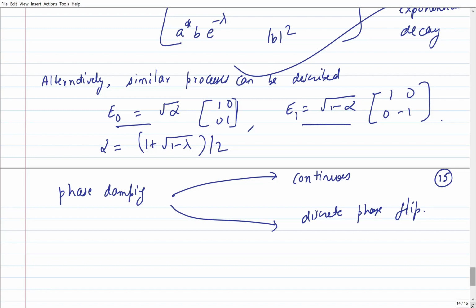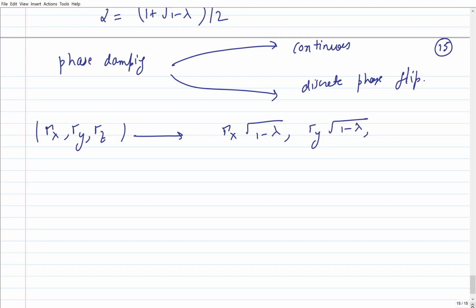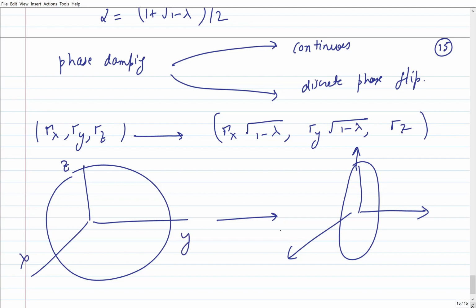And as far as the effect on the Bloch sphere is concerned, it's exactly the same. What does it do to the Bloch sphere? We already saw that. It's a phase flip channel. This guy is taking the Bloch sphere and contracting it, changing it into an ellipsoid, contracting it in the z direction.